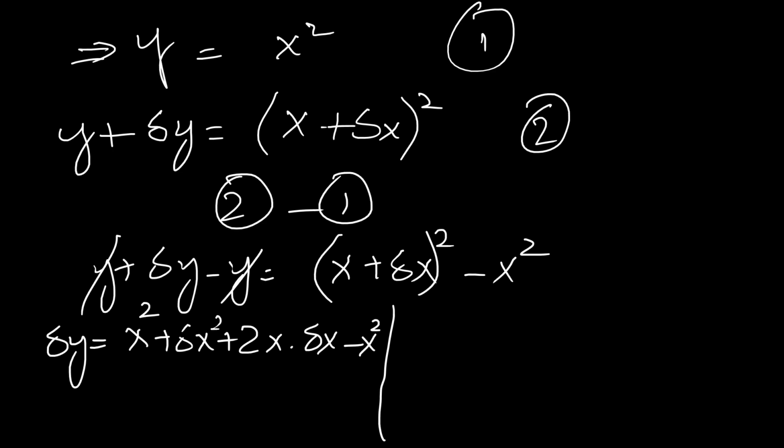Okay, now this x square will be cancelled out by this minus x square, and 2x partial x plus partial x square will remain on the right hand side. So let's move to the next.